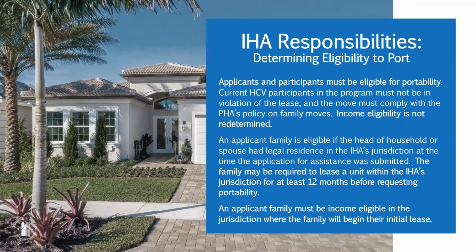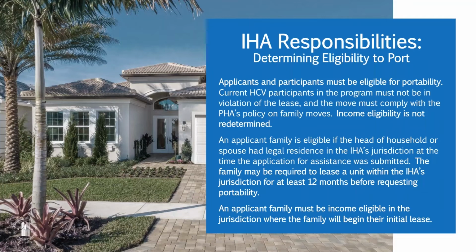The initial housing authority is also responsible for restricting moves. There are some that must be restricted and some that are discretionary. If the family is not income eligible in the jurisdiction when they initially lease up in the receiving housing authority's jurisdiction, and they're over income, they must restrict the move.